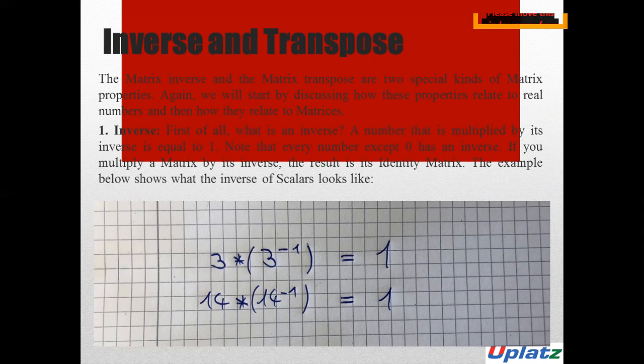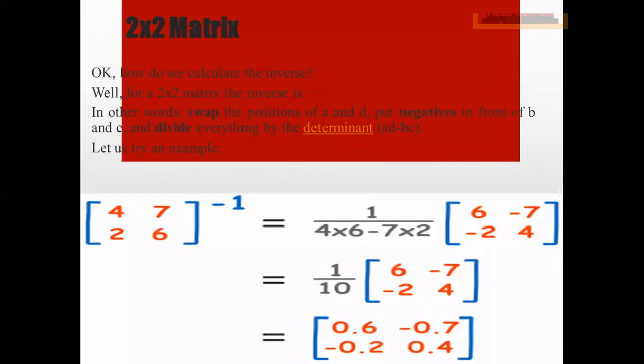And we saw how to find the inverse for a single number, for a scalar. Then what to do if we have a matrix? So how to find the inverse of a matrix? You can see there how to find the inverse. So for example, if 4, 7, 2, 6 is the matrix, then how to find its inverse?